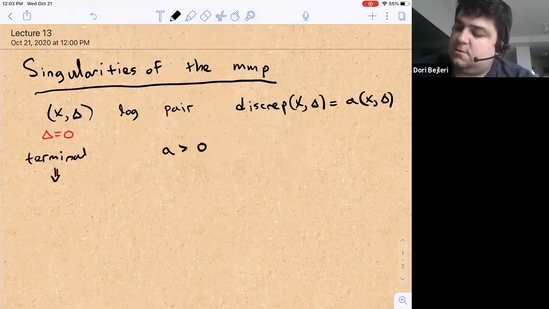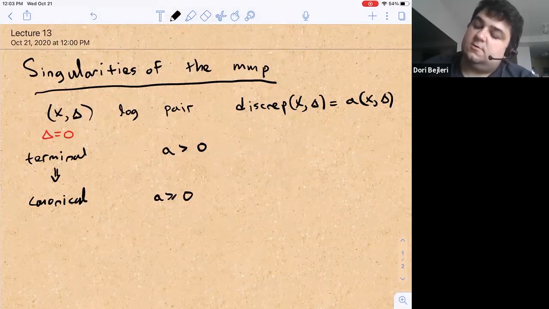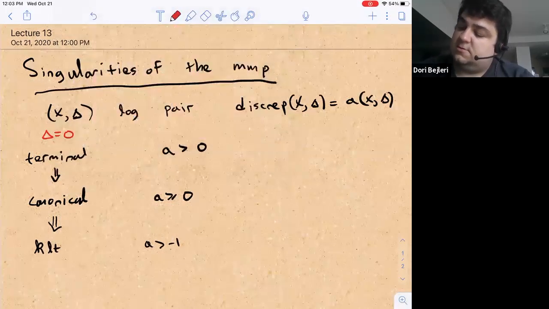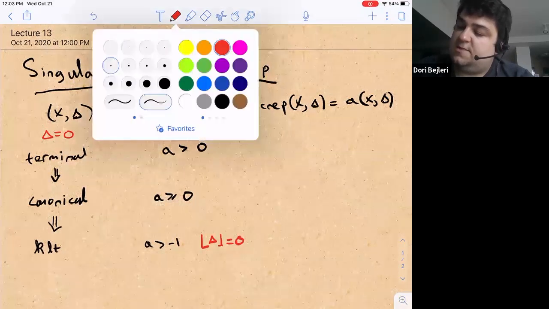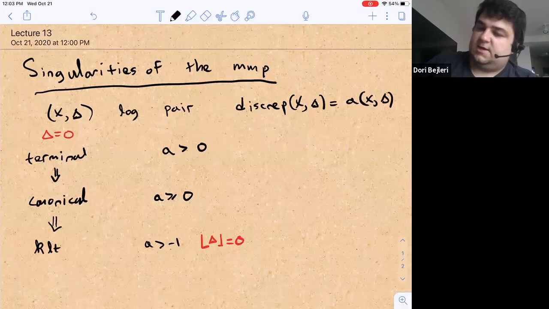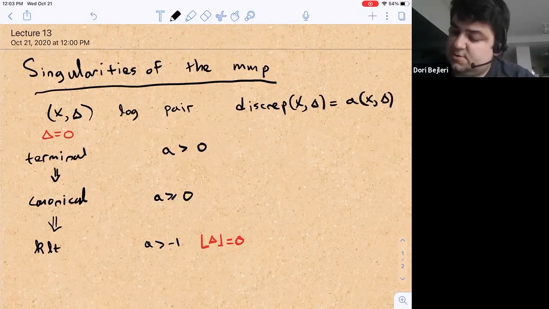And then if a is greater than or equal to 0, we have canonical. And then if a is greater than -1 and in general the round down of Δ is 0, then we have KLT, but on this side, we're just going to consider quickly the case where the boundary is actually 0.